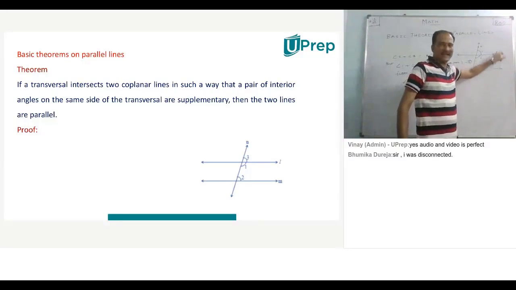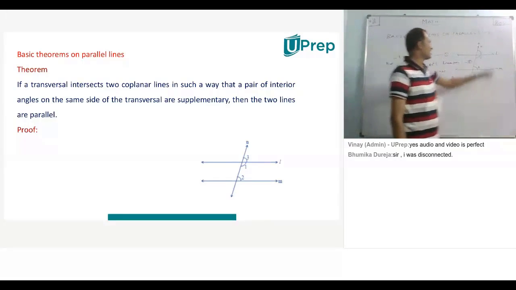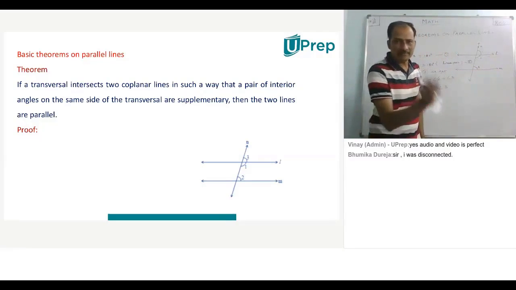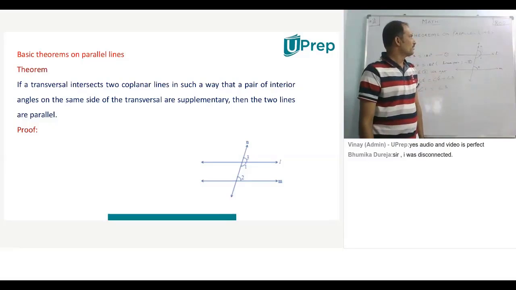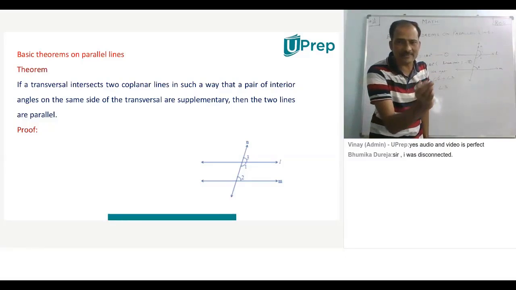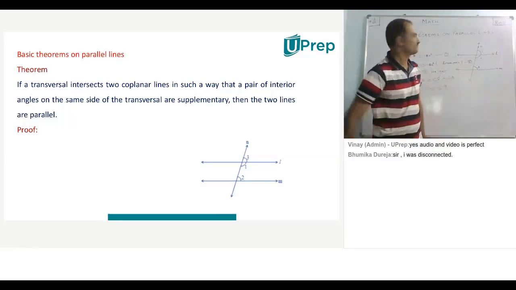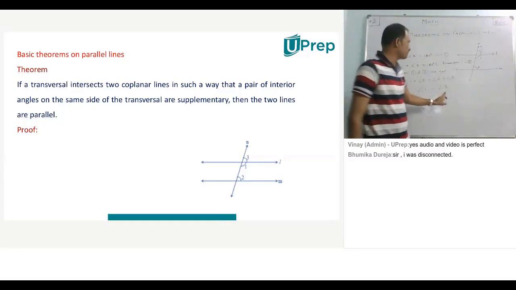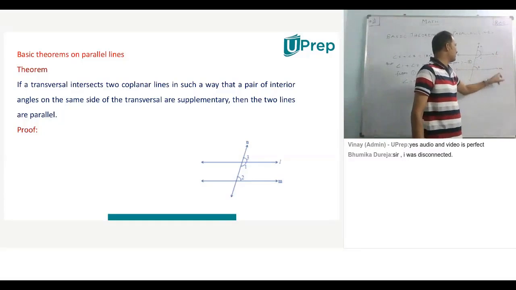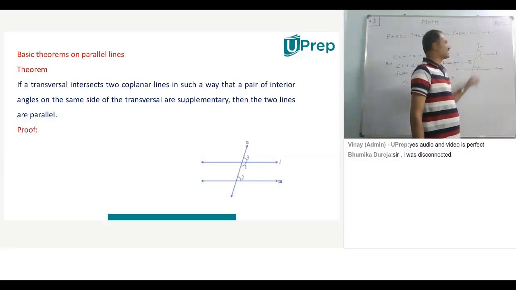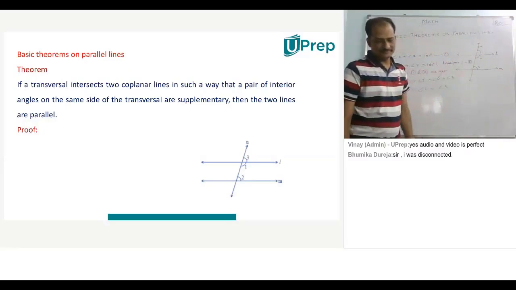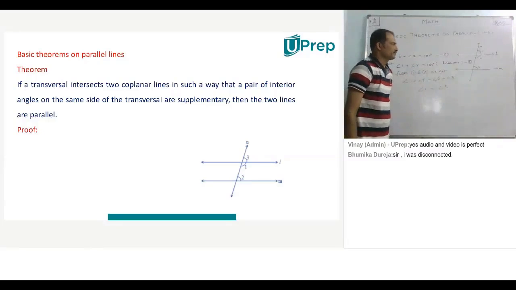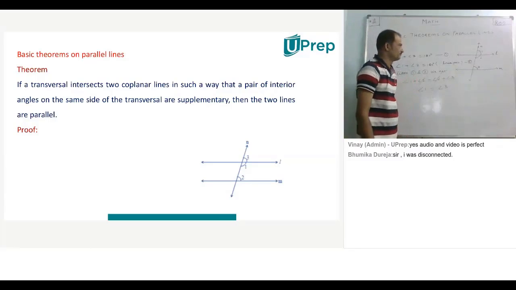But these are the corresponding angles formed when the lines L and M are intersected by the transversal N, and they are equal.